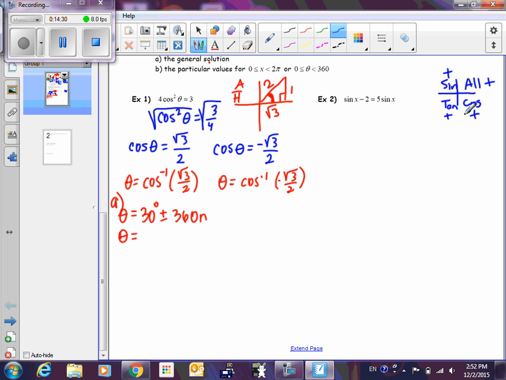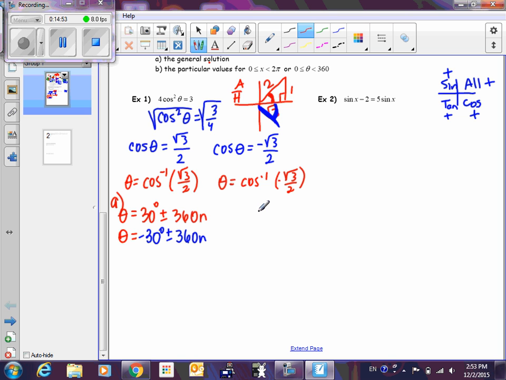And what's not listed are the negatives. So where else is cosine positive? Quadrant 4. So my question is, what's 30 degrees in quadrant 4? Negative 30. We just go the opposite. That's why quadrant 4 is nice. We can just go in the opposite direction. Okay, so there's 2 of my general solutions.